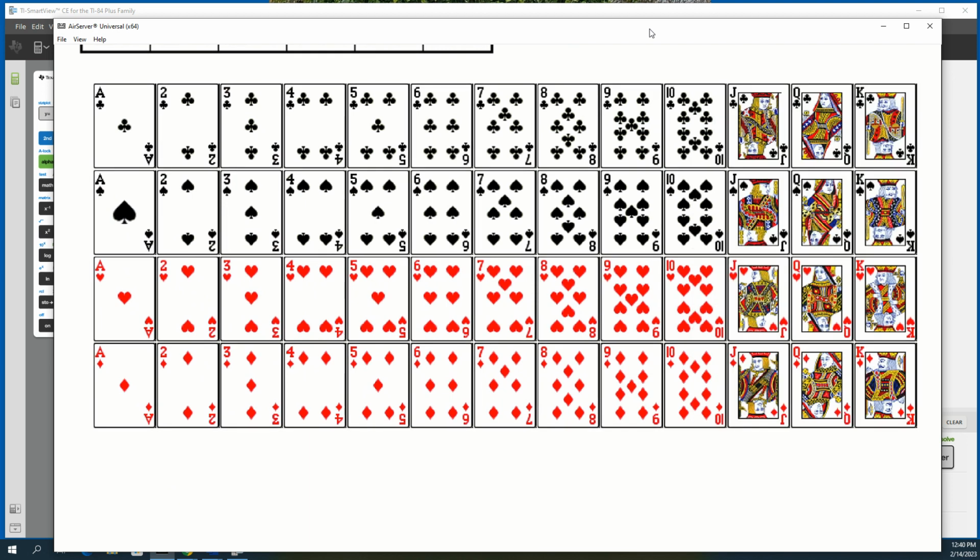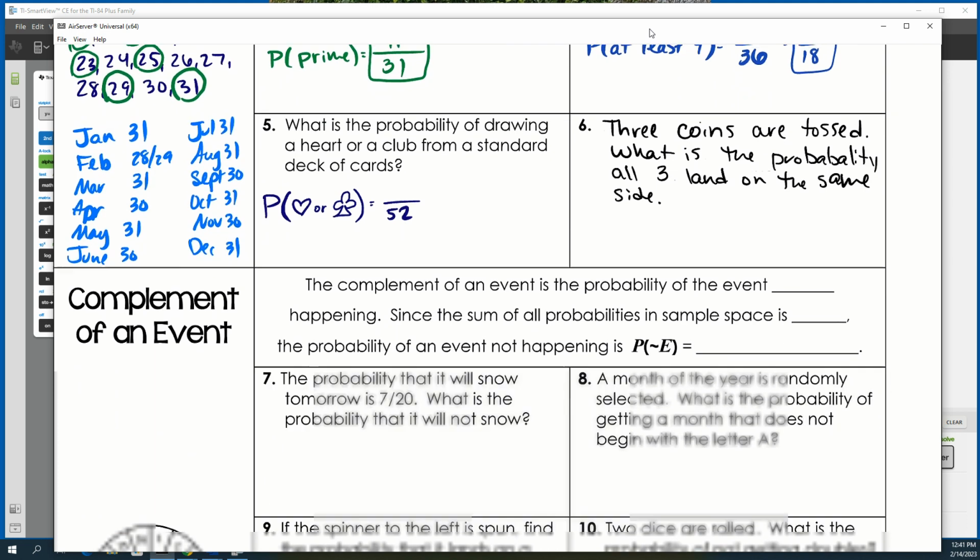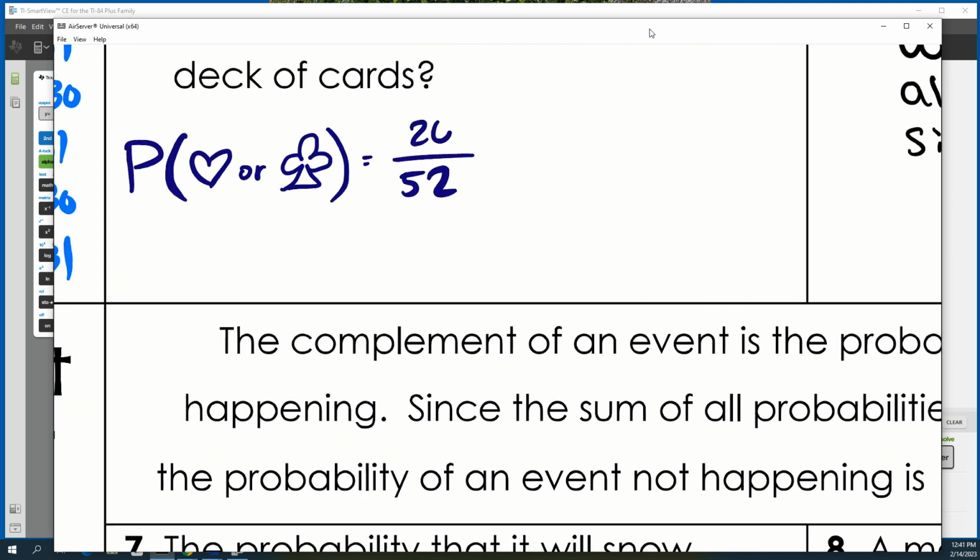All right, so if we want to find the number of ways to succeed with either drawing a heart or a club, how many cards are hearts or clubs total? There's 13 of each. 26, right? So yeah, 13 clubs, 13 hearts is going to be 26 total. Okay. And then that just reduces to 1 half.